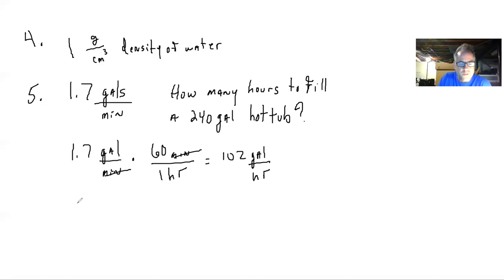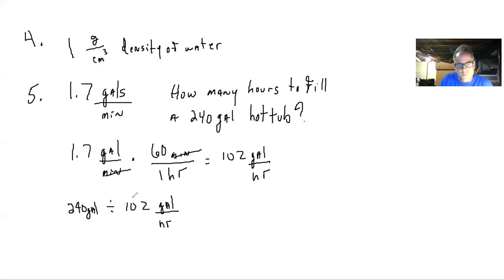So that's where I'm going to say 240 gallon hot tub divided by 102 gallons per hour.